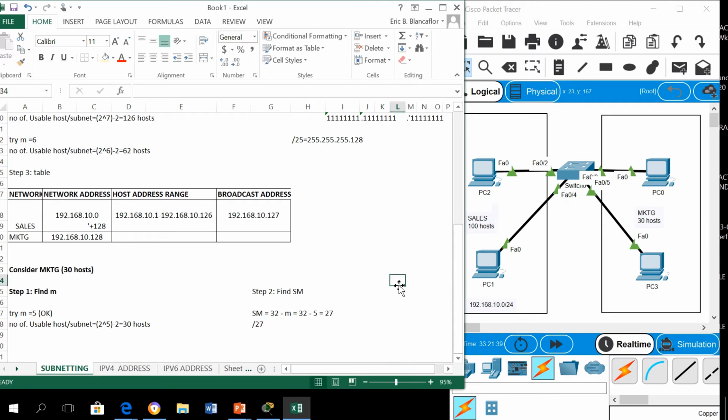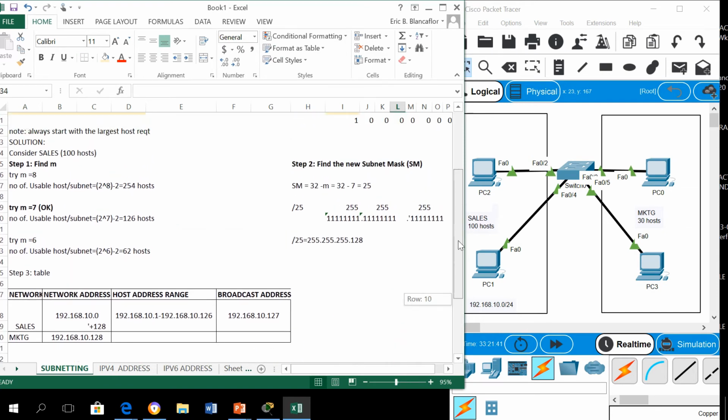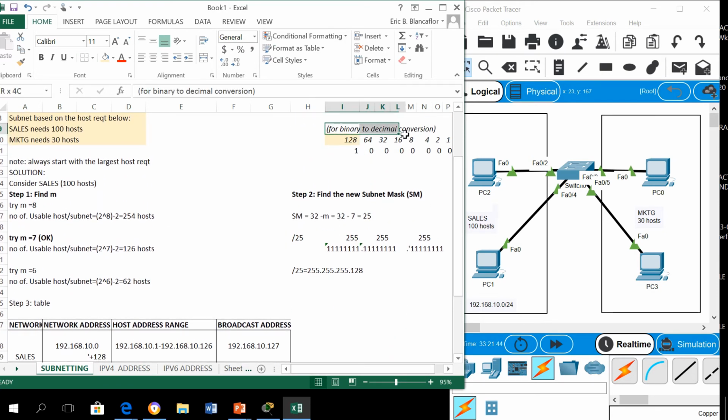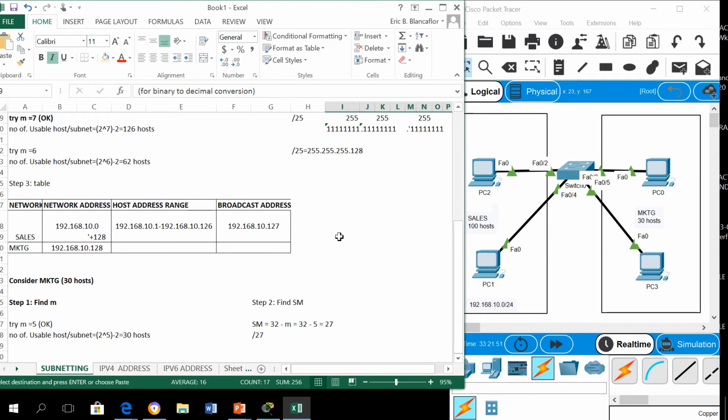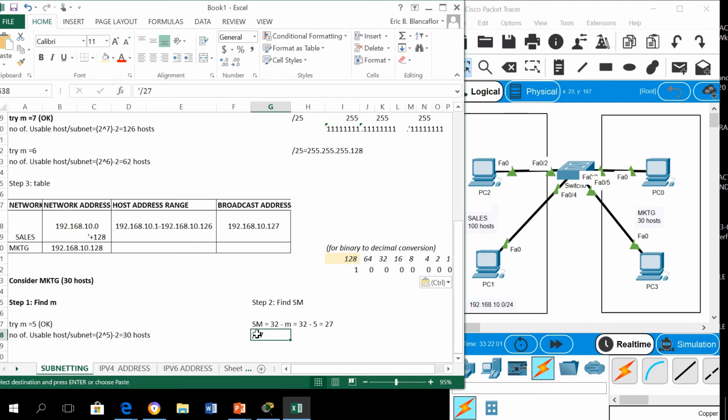And what is slash 27? In the conversion, you need this guide, so I'll paste it here. Slash 27 means I need 27 ones. Eight ones is 255.